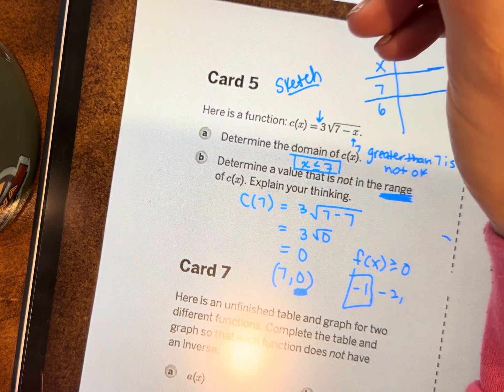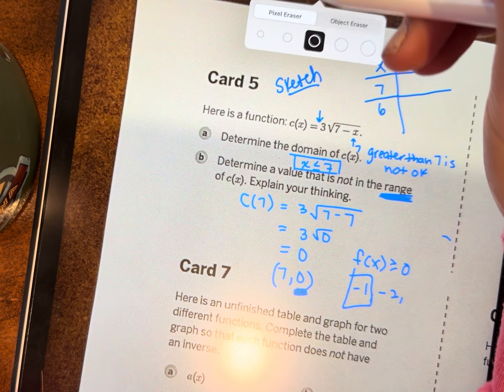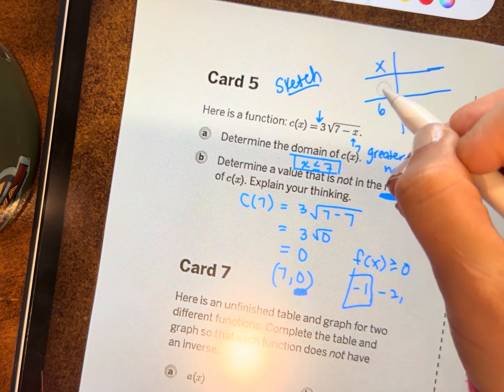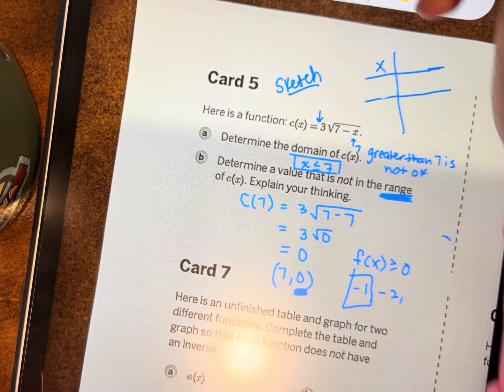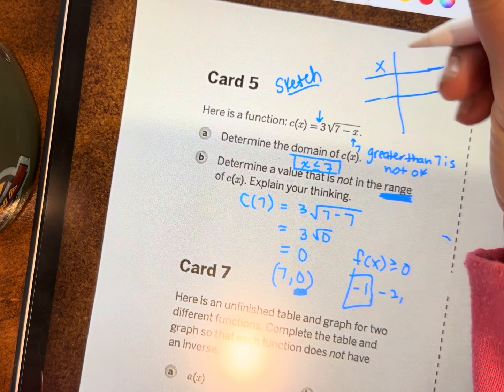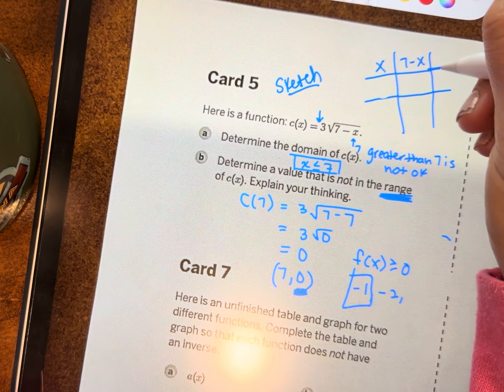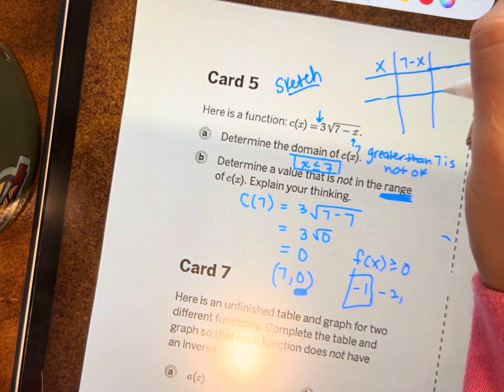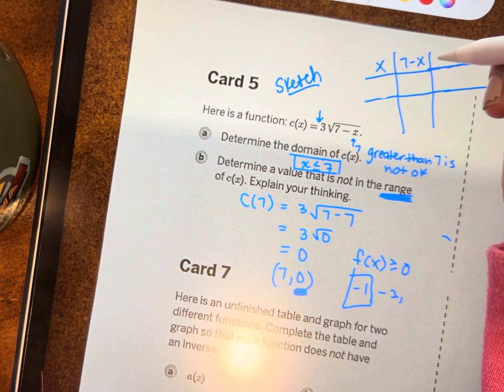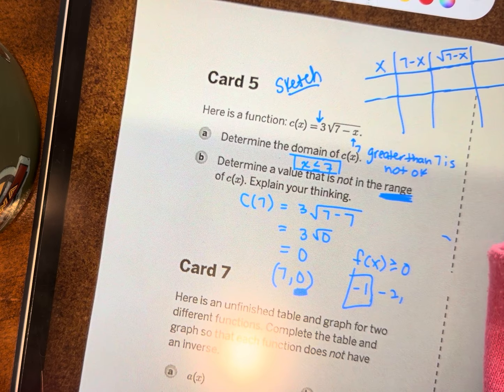This graph right here, let me build that table that they make. This function goes x, then it goes 7 minus x, then it goes the square root of 7 minus x, and then it goes 3 times the square root of 7 minus x.